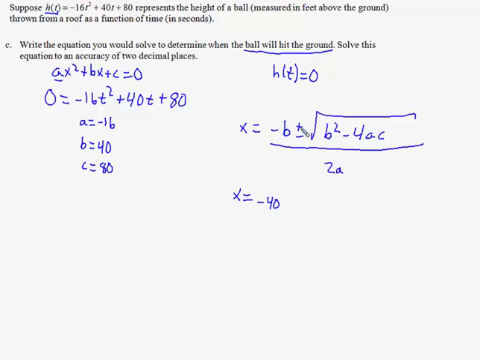I'm going to start with the adding case, and that would be the square root of 40 squared, because b was 40, subtract 4 times a, which is negative 16, and then times the value of c, which was 80. And then all of that gets divided by 2 times the value of a, which again was negative 16.